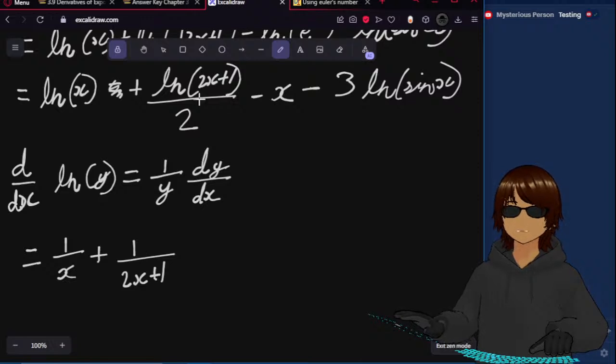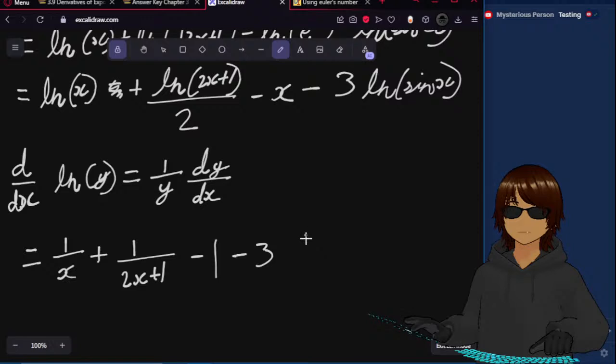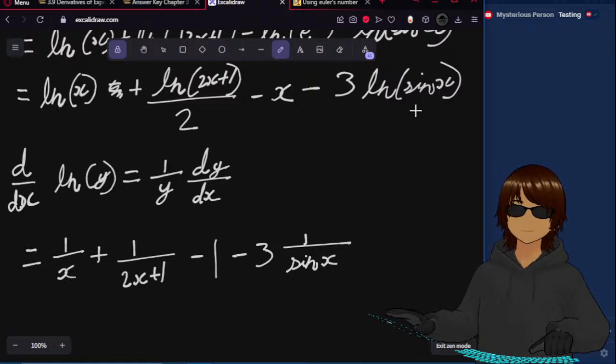Derivative of the outside times the inside. Derivative of 2x is just 2, but the bottom and top will cancel out. Then minus 1, sine x. Derivative of sine is cos.